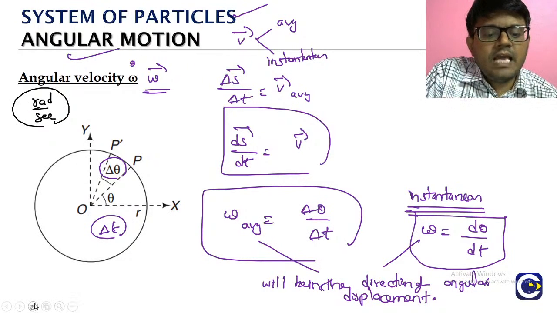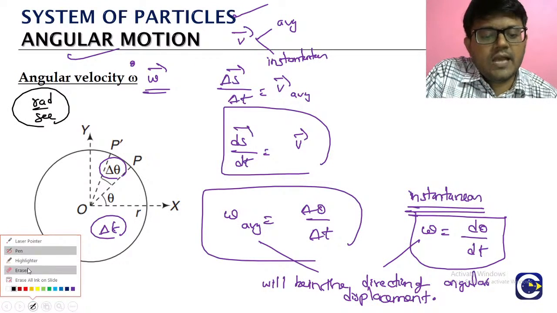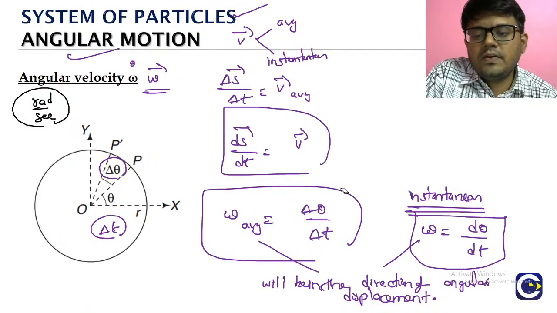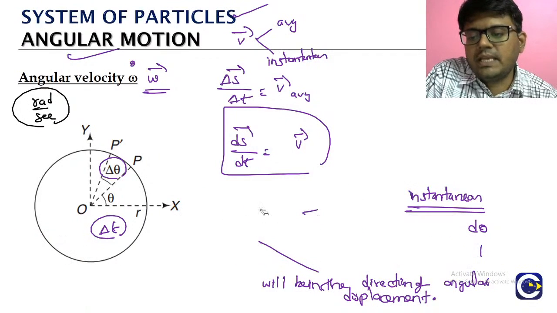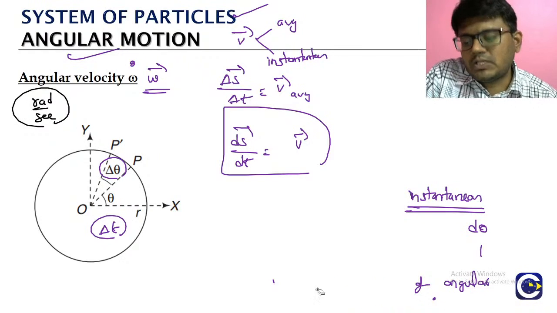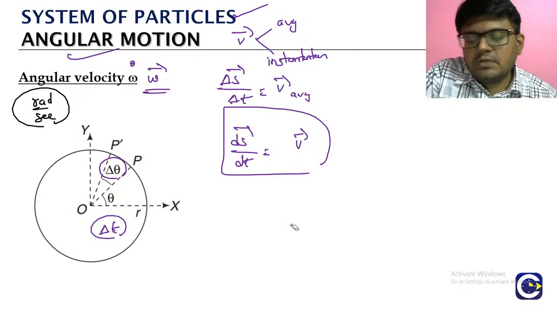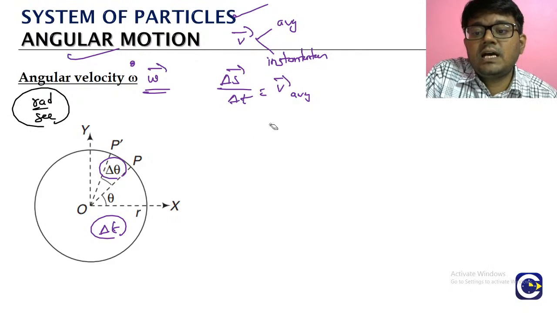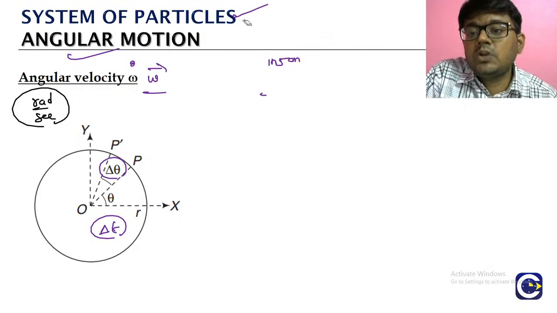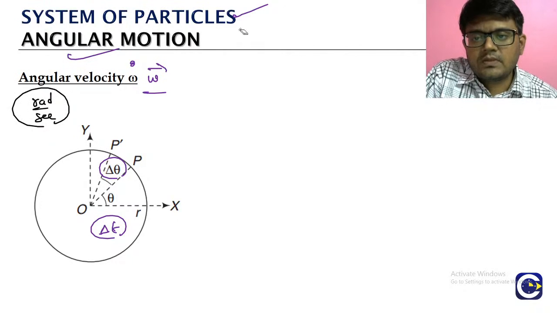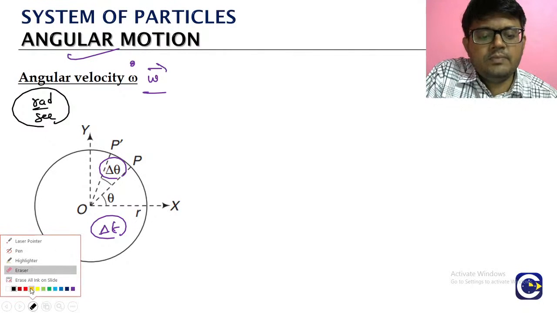But sometimes we have one more unit for the angular velocity. Like normally in case of speed or velocity, we know that the SI unit is meter per second, but in some cases they will give us the speed or velocity in terms of kilometer per hour, and wherever required we will convert it.